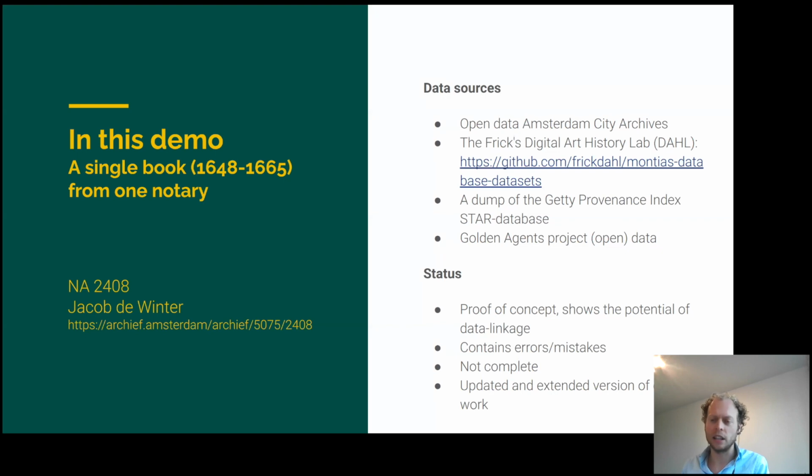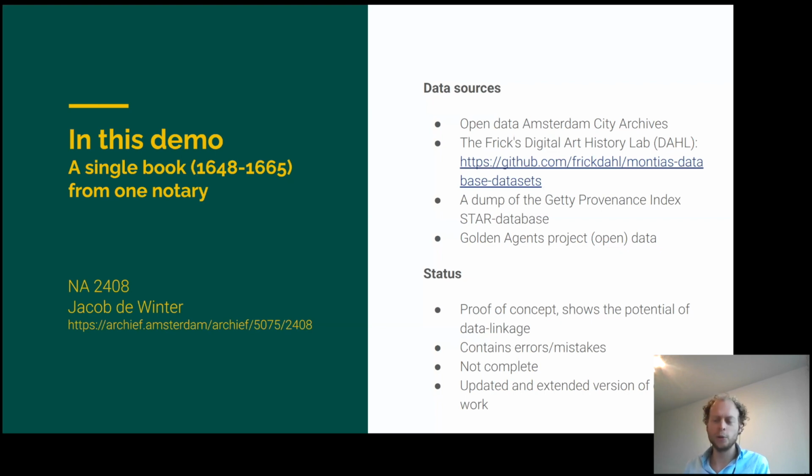It spans from 1648 until 1665, and I used all the open data from the Amsterdam City Archives. Similar data to what is now launched on the GitHub of the Frick's Digital Art History Lab. I luckily got a dump of the STAR database from someone at the Getty, and I used the open data created in the Golden Agents project.